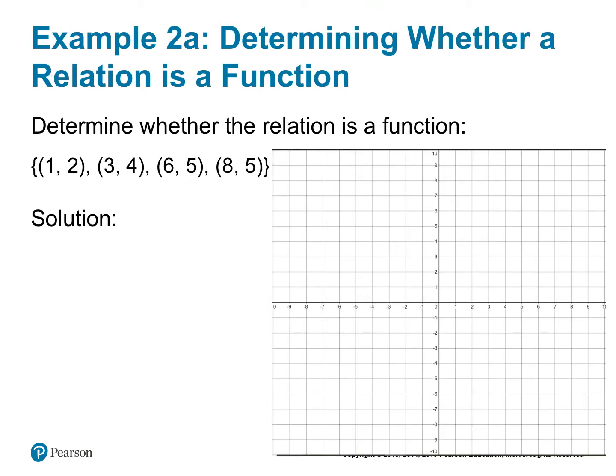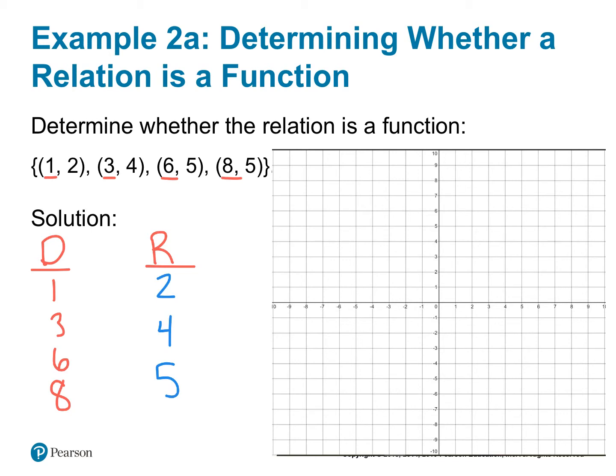So we want to determine whether this relation is a function. If I list my domains and then my ranges, the domains are the x's, so I have the 1, the 3, the 6, and the 8. And the ranges are the other numbers, the 2, the 4, and then the 5 occurs in 2 different places.